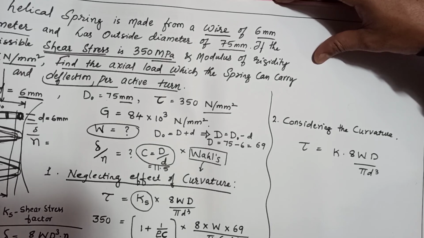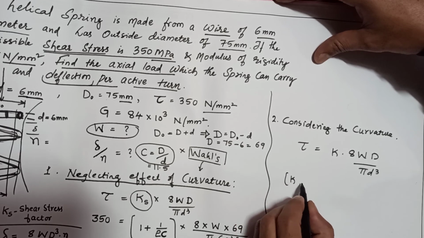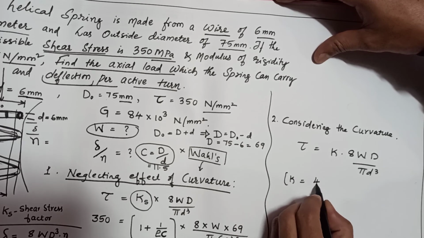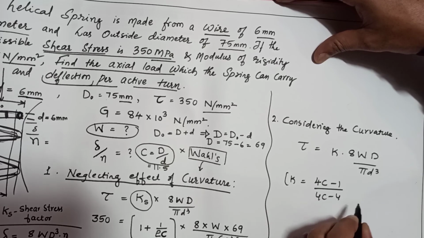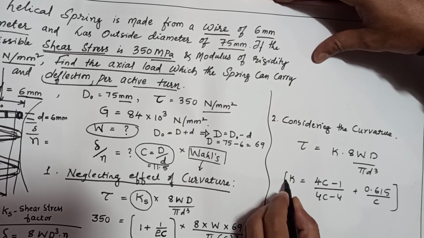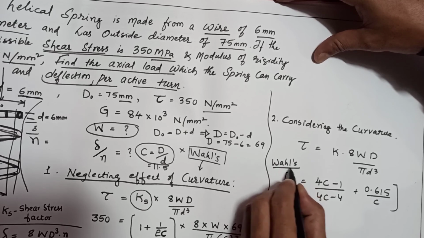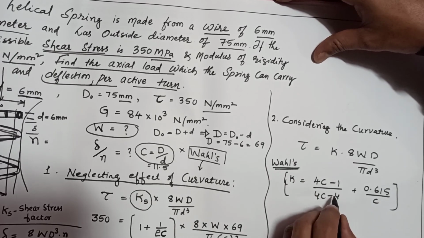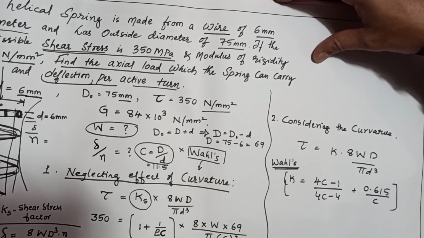This is the equation for maximum shear stress, but the value of K, that is the shear stress factor, is equal to 4c minus 1 by 4c minus 4 plus 0.615 by c. This is the Wahl's shear stress factor, as I told you before. So you have to use this equation to substitute.